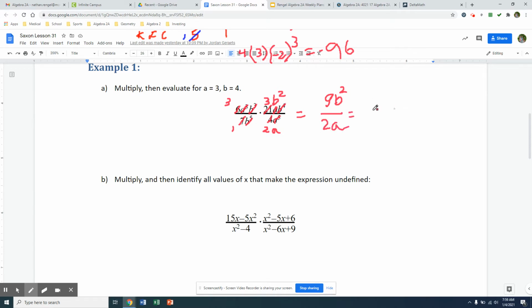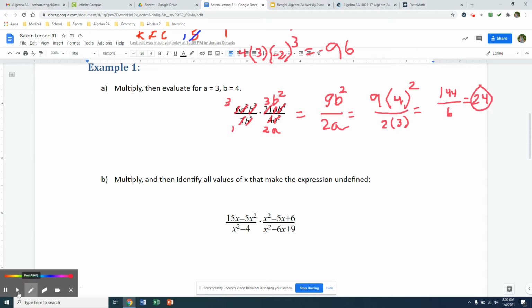And then once we have it simplified, we can start to plug in our values. We'll have 9 times 4 squared over 2 times 3, which is going to be 144 over 6, which is 24. So we end up getting an answer of 24 for that problem.